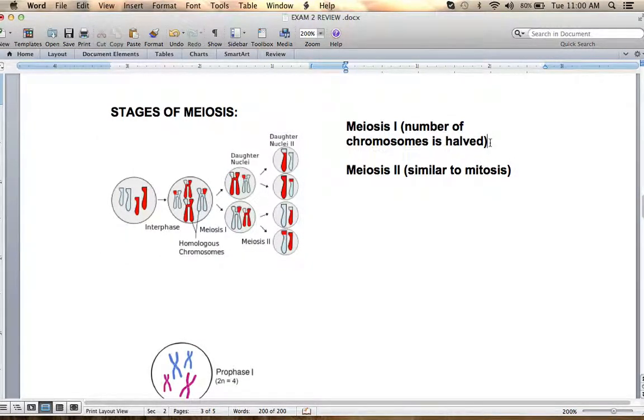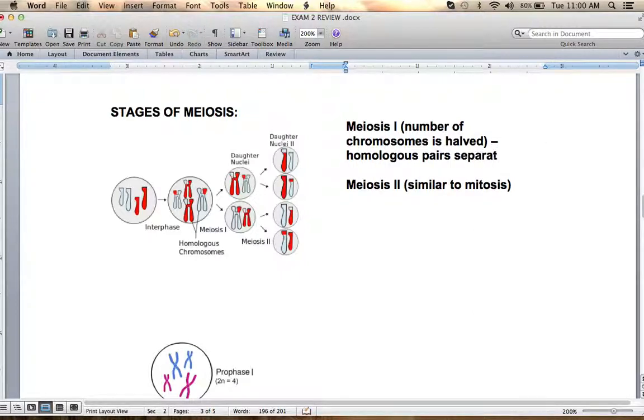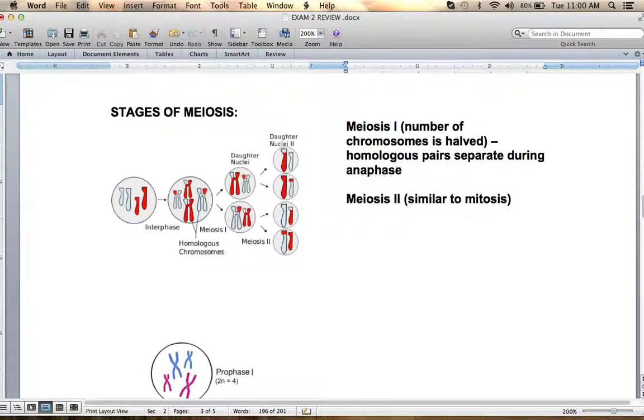So the reason the number of chromosomes is halved in meiosis 1 is because during anaphase 1, when the chromosomes pull apart, it's the homologous pairs that separate. In meiosis 2, which is similar to mitosis, it's the sister chromatids that separate during anaphase 2.